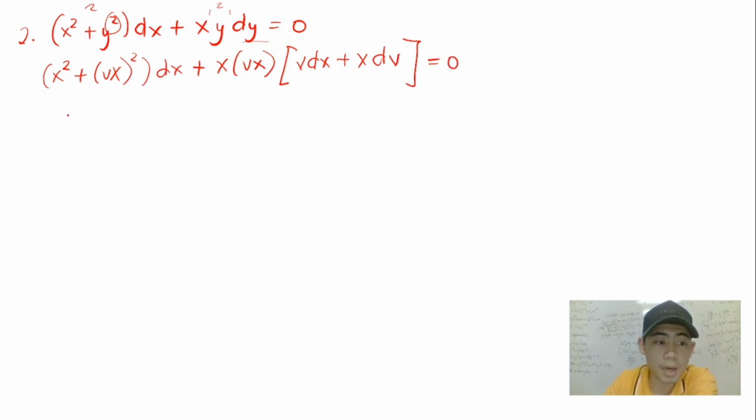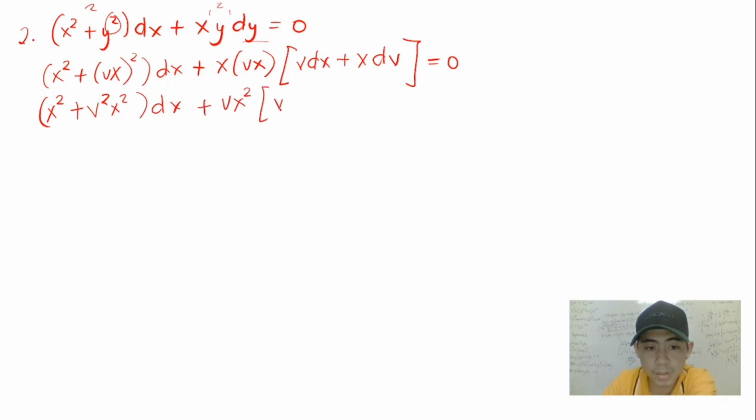Now, let's simplify: x squared plus v squared x squared times dx plus v times x squared times v dx plus x dv is equal to 0.